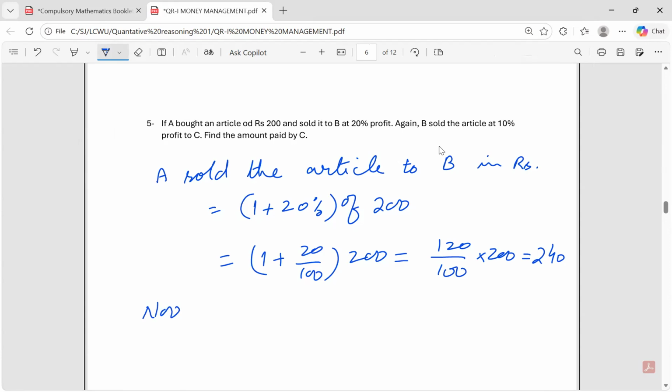So now B has to sell it. The sell price for B is 240 rupees. Sorry, this is the cost price of B. This is the cost price of B. The cost price of B is 240 rupees.